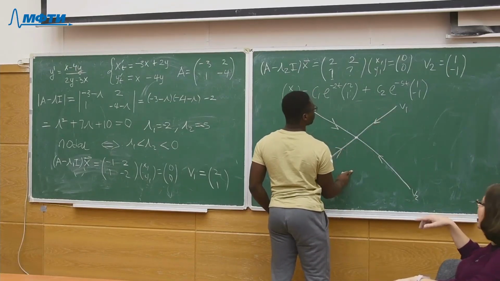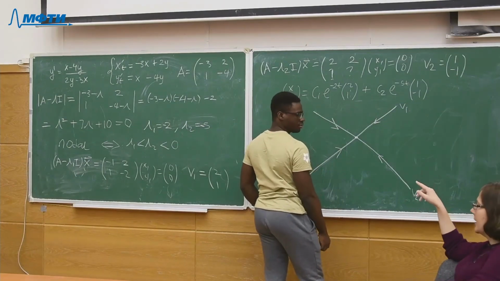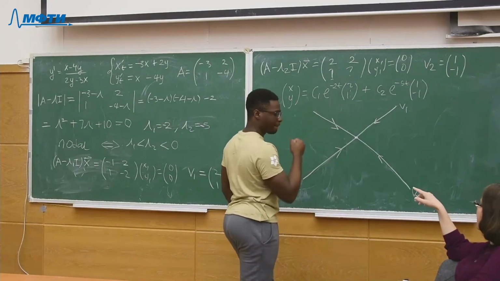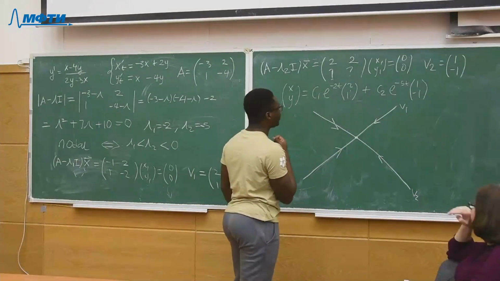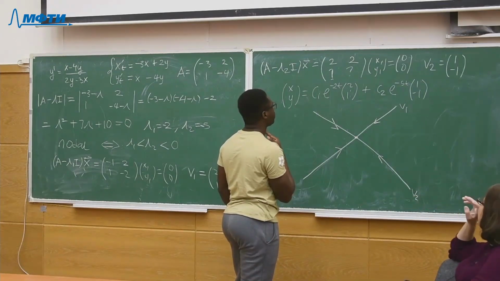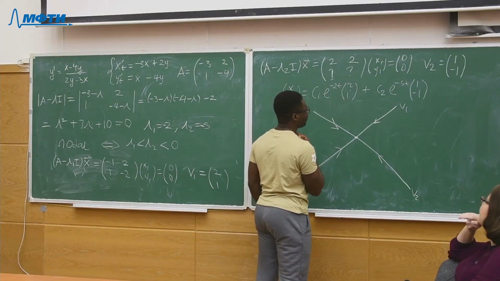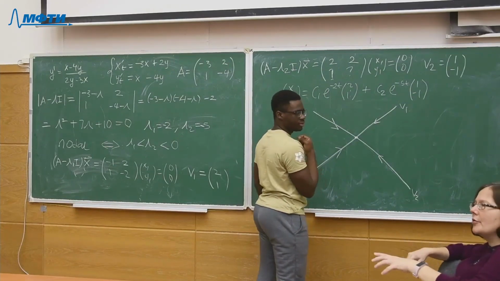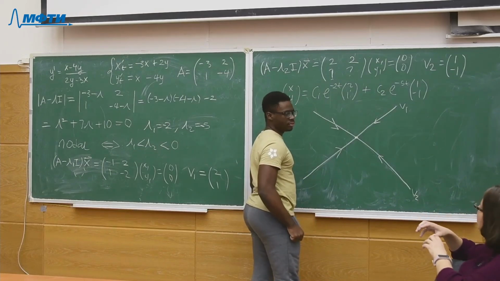And now, at last, we need to determine which line the trajectories will approach. They will approach lines. Which line? You must determine which term is dominant as t approaches positive infinity.